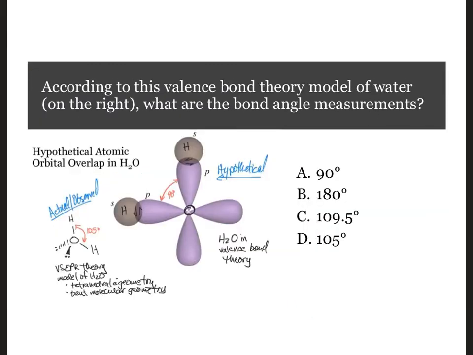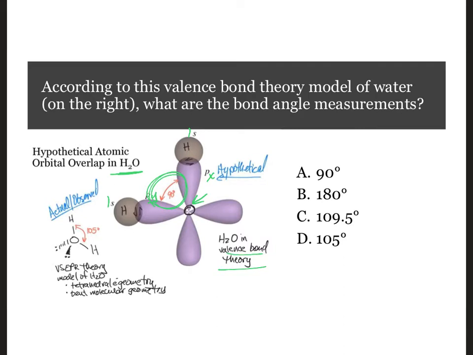All right, so on this slide, we were talking about the formation of H2O, and how, say we had the px and the py orbitals on oxygen, trying to combine with the 1s orbitals on two hydrogens, if they're coming in without any sort of adjustments, they're going to have this 90-degree bond angle according to valence bond theory.